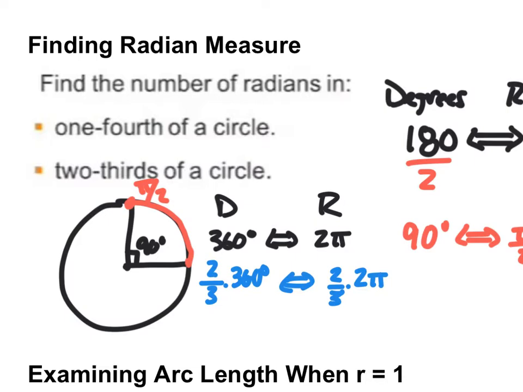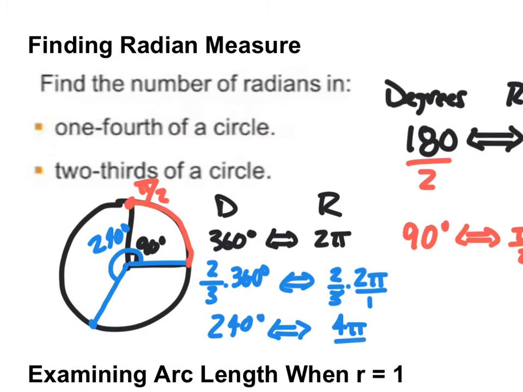That gives me 240 degrees, which is over here. This angle measure here is 240 degrees. And if I do that with radians, this is over 1, 2 times 2 gives me 4 times pi. So 240 degrees gives me 4 pi over 3 radians.